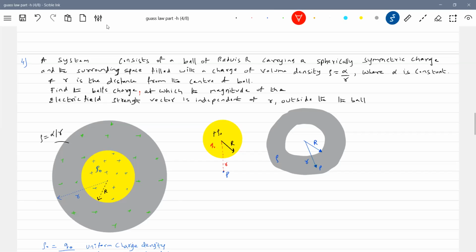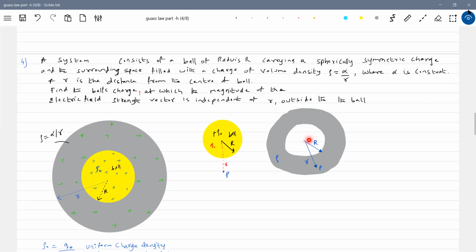So what is it telling? The magnitude of electric field strength here must be constant. So for that, what should be the charge of this ball? Okay, the ball, I'll write it. This should be the ball. Are you able to get this one? Because the charge density is outside and the surrounding space is filled with a charge.